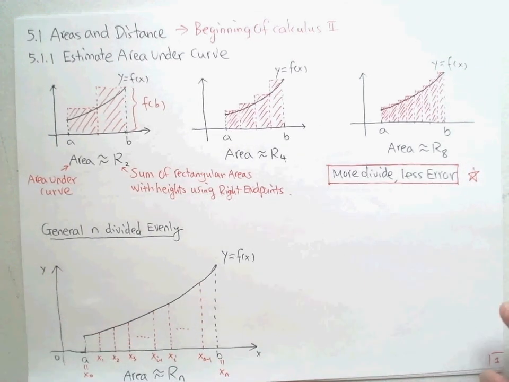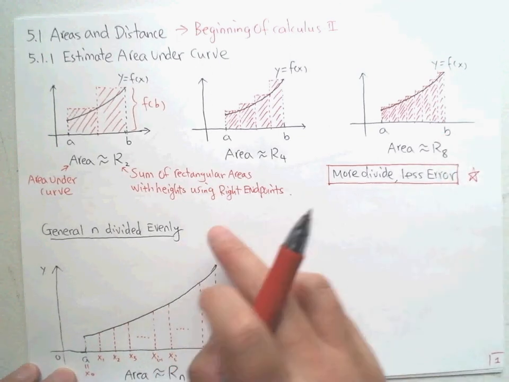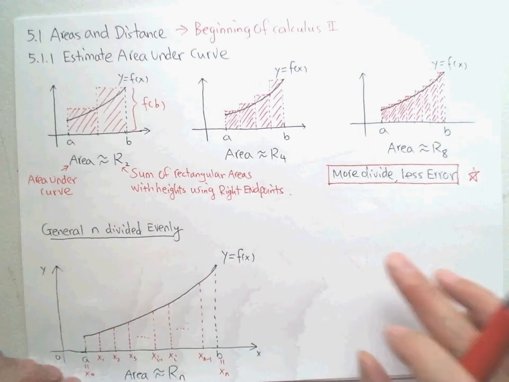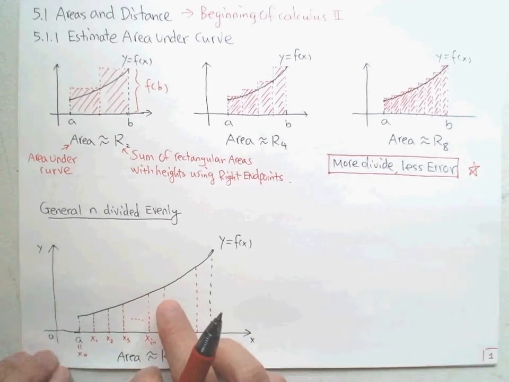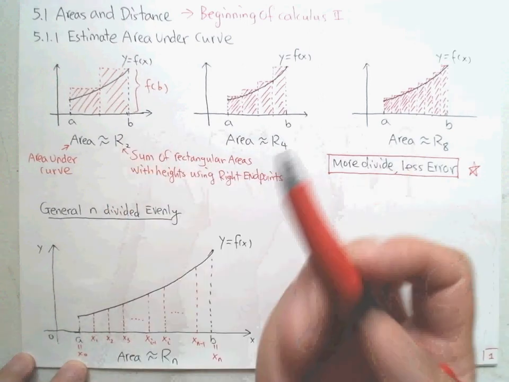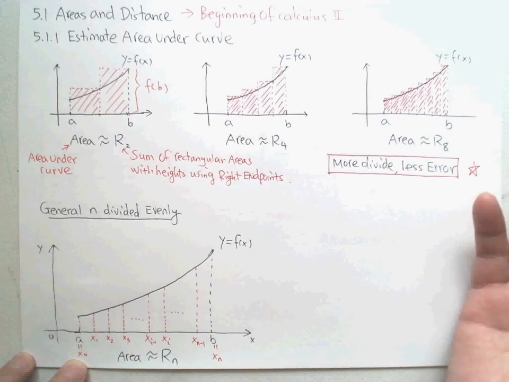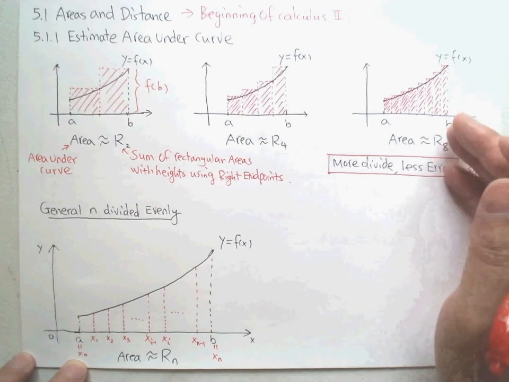But how do we find the approximation? In general, we do this. And this time we look at the bottom. Here is already the idea: more divisions, less area. What we need, the limit, is this R, and later we define this as a Riemann sum.